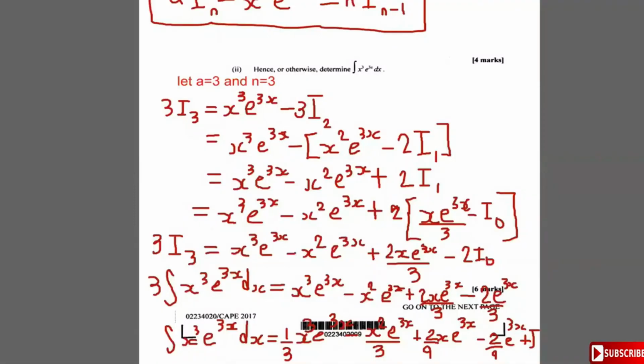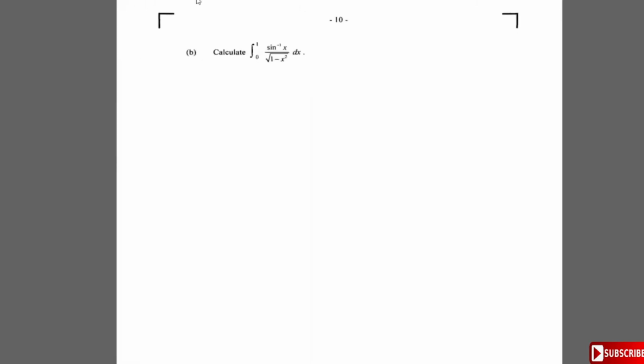All right, let's continue now. So now, this question is asking us, calculate the integral from 0 to 1 of sine inverse of x over the square root of 1 minus x squared. To do this type of integration, it's best to use substitution. We can call u sine inverse of x.